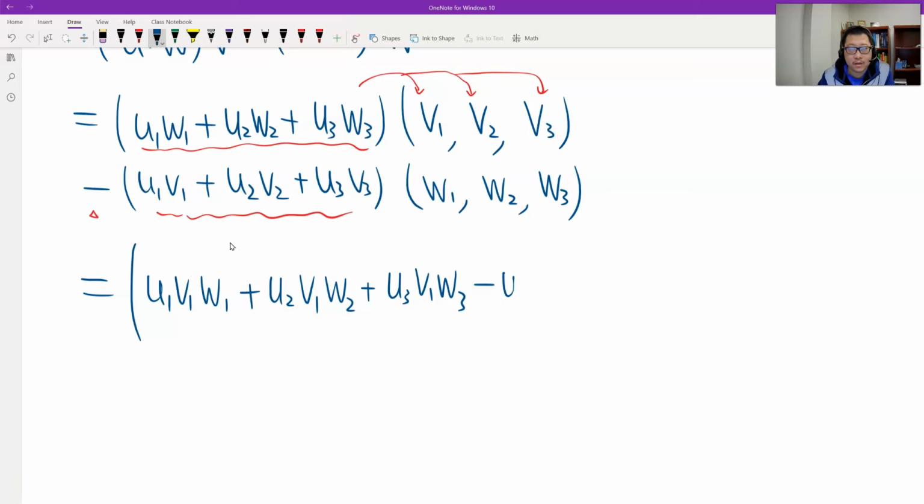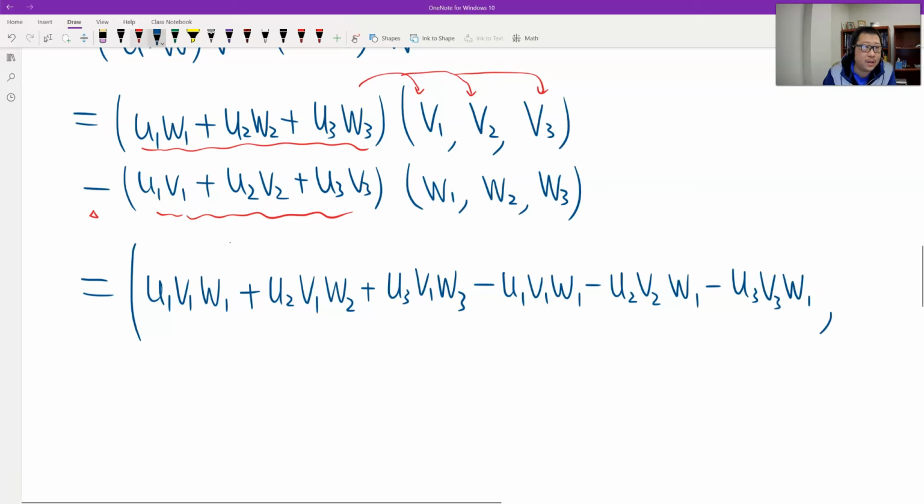The negative terms are U1, V1, W1, minus U2, V2, W1, and then minus the last, U3, V3, W1. See, the first component is long. Okay, this is the first component.